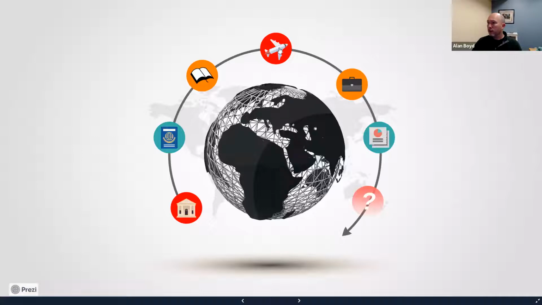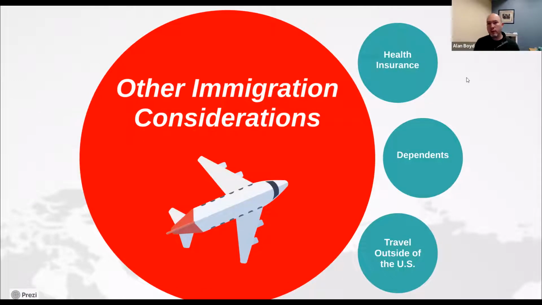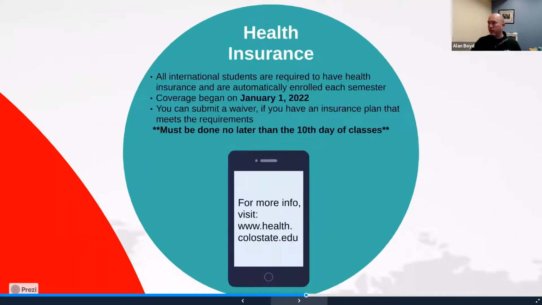All right, we're at the airplane icon now. So let's talk about a few other things for you to think about as far as your student status here. First off, you as a student are automatically enrolled in the CSU International Student Health Insurance Plan.